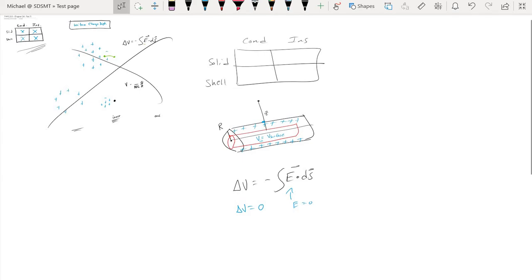So a lot of this can be justified just by going through the concepts and the principles of the physics. Obviously, we can spend a lot more time going through the math to prove this, but at this point, it's really not necessary.